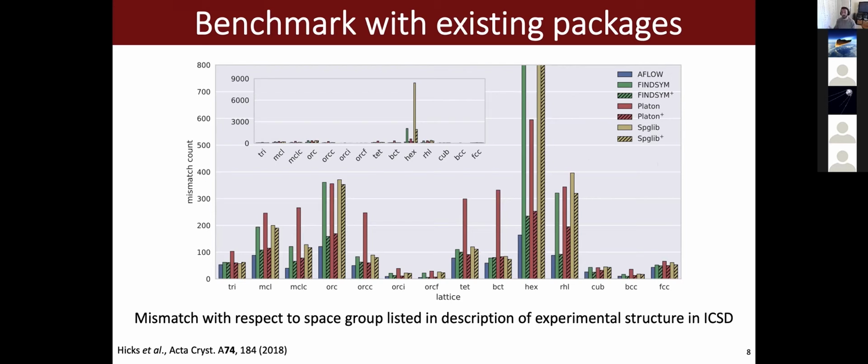What this shows is that in general, we used the default tolerance values for the respective packages, but we also changed the tolerance value for these other packages. Essentially we tried to tune the tolerance to see if we could get better symmetry results, because maybe it's just an impact of tolerance value. And you can see that if you change the tolerances for these other symmetry packages, you can lower the mismatch, or maybe sometimes it increases.